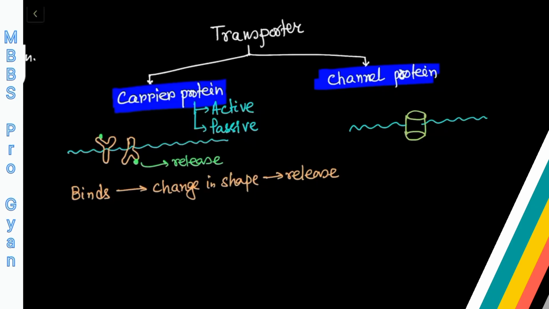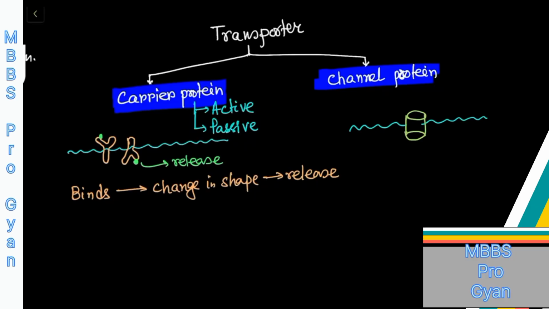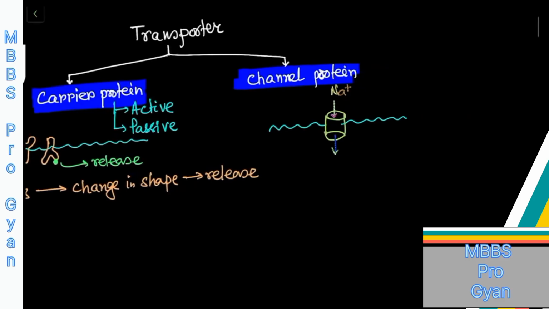Through this pore, the molecule will pass directly from one leaflet to the other leaflet of the membrane without any attachment with this channel protein. Getting my point? Suppose sodium is passing through this channel protein. Sodium is not going to interact with the channel protein per se. Sodium will pass through this protein molecule because there is a pore inside this channel protein. Through this pore, the sodium will pass through.